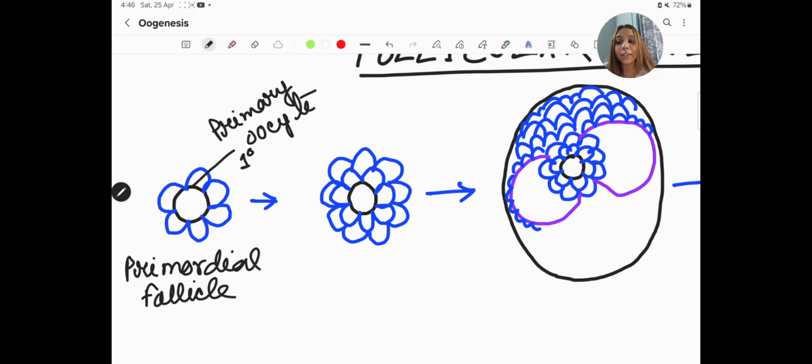Here are some blue color cells, right? These are single layer granulosa cells, so these are named granulosa cells.